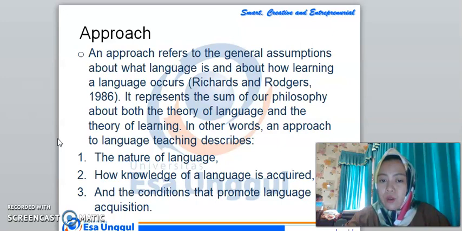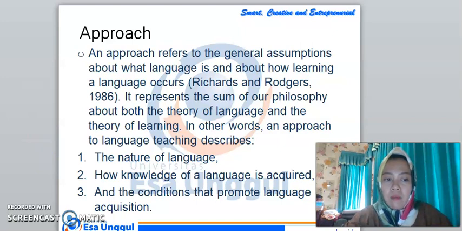In other words, approach here is the nature of language, how knowledge of a language is acquired, and it also defines the conditions that promote language acquisition.